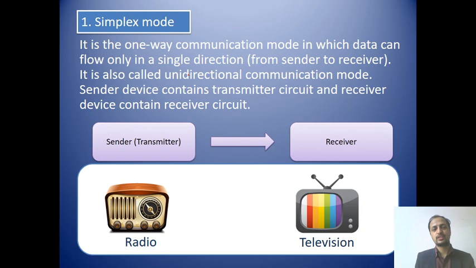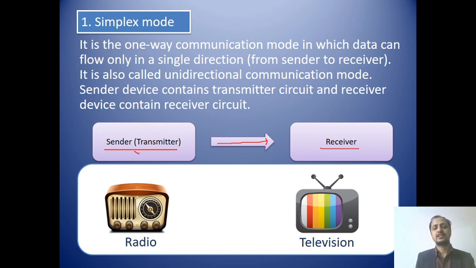Simplex mode is the simplest technology, as the name suggests. In this mode, the data is always transmitted in the same direction. The sender is always sending the information, and the receiver is always receiving it. The sender can never act as a receiver, and the receiver can never become a sender.